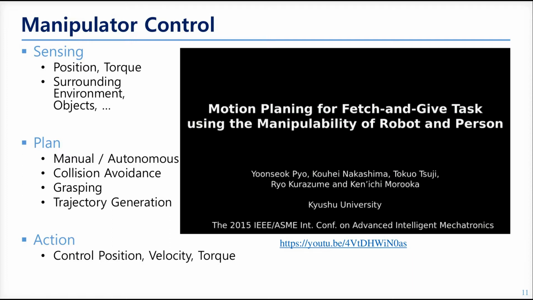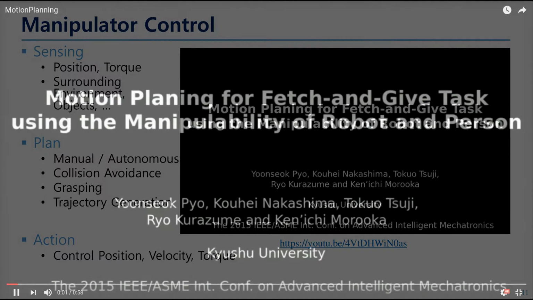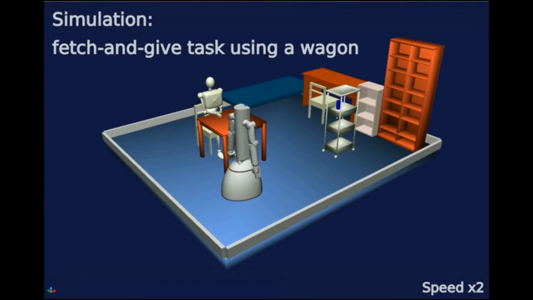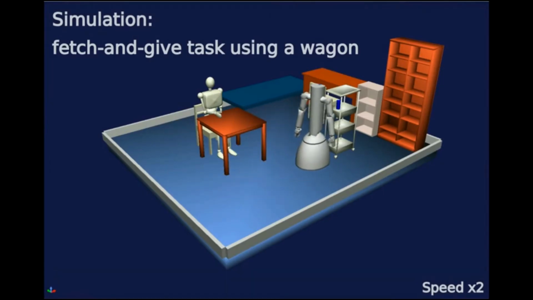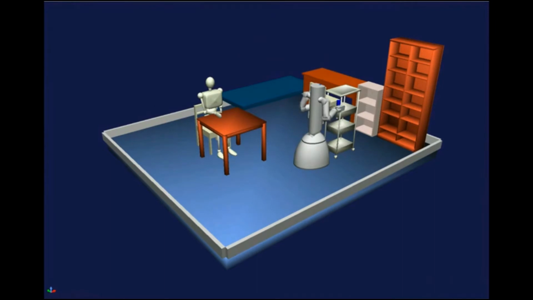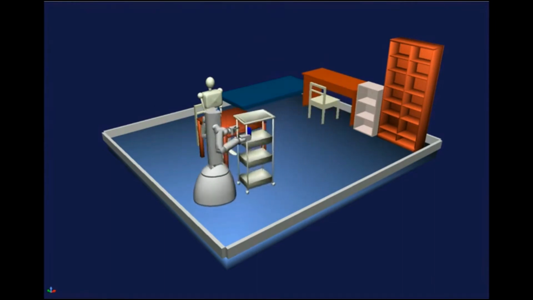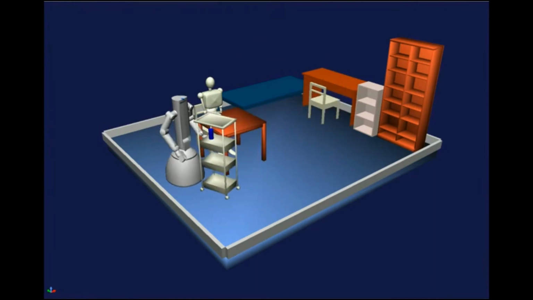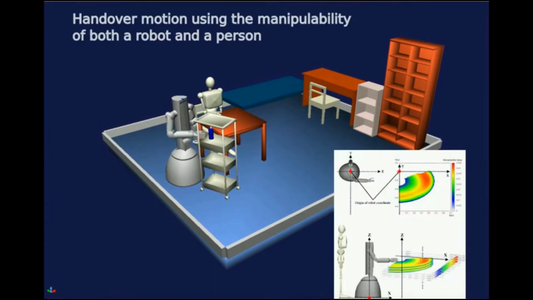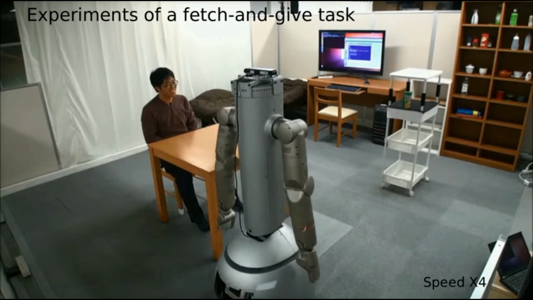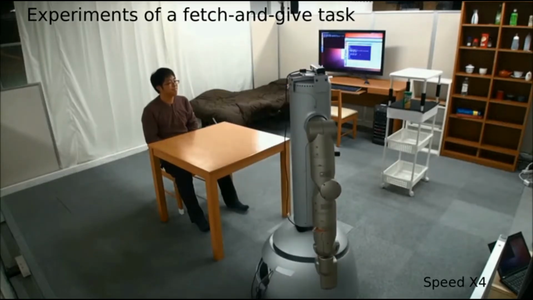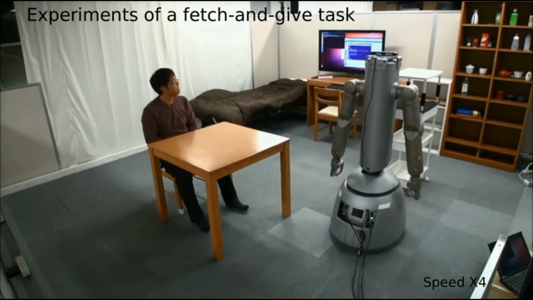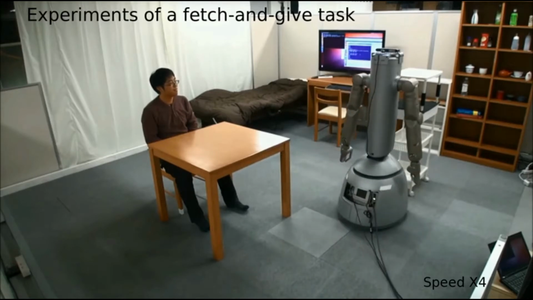Now, what we are going to watch is an example of a manipulator application. In the simulation, a service robot brings the wagon near the man and gives juice to him. After the simulation, the service system was tested in a real situation with a real robot.